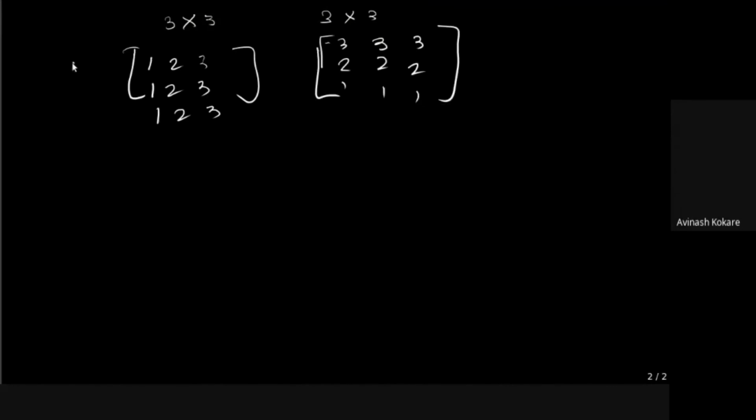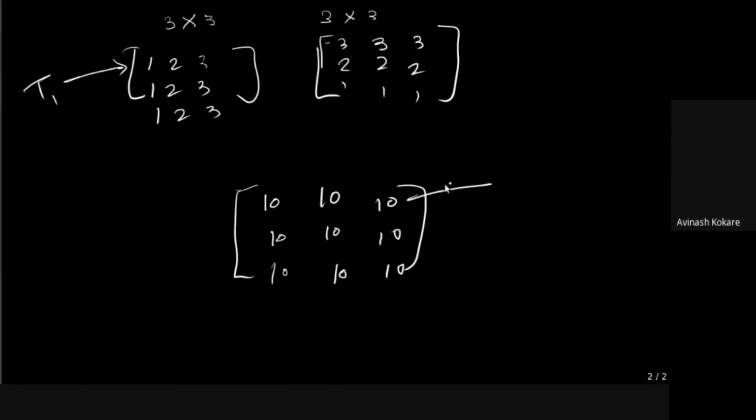So what we can do here is divide. Thread 1 will calculate the first row of the result. What is the result? 1, 2, 3 into 3, 2, 1: 3 plus 4 plus 3 is 10. Then 10. Then 10. So this will be the result, I think, if I am not wrong.